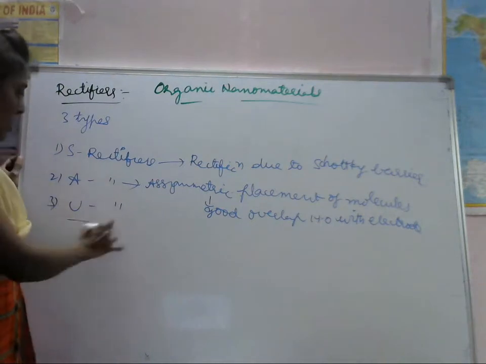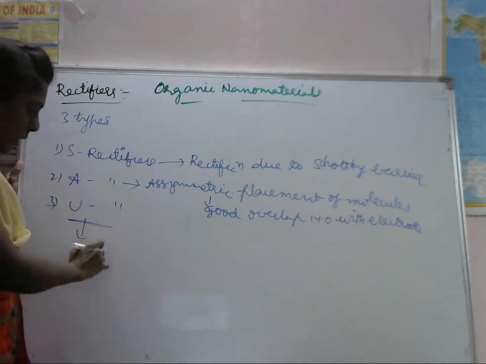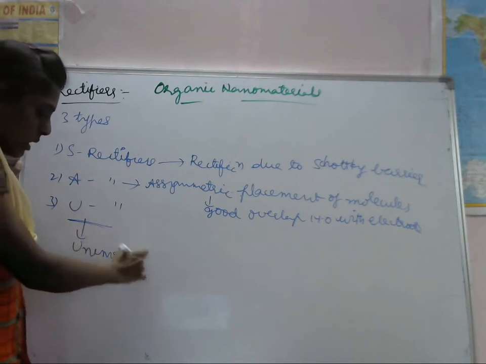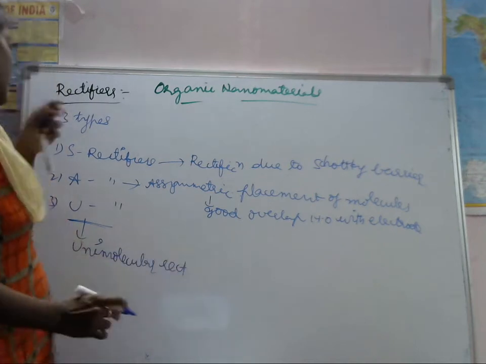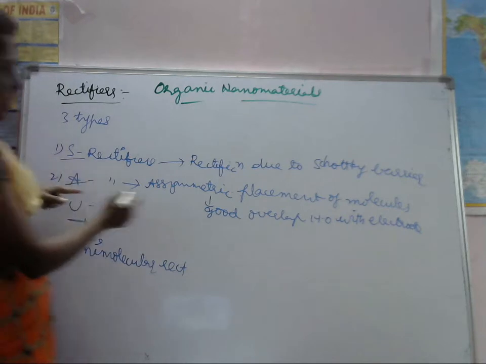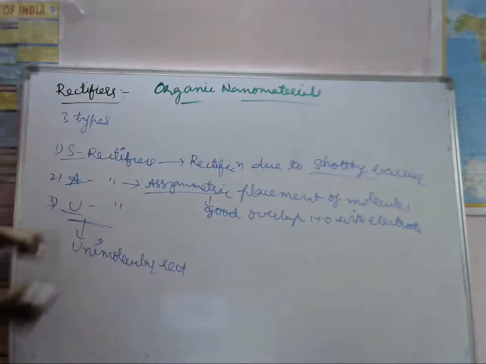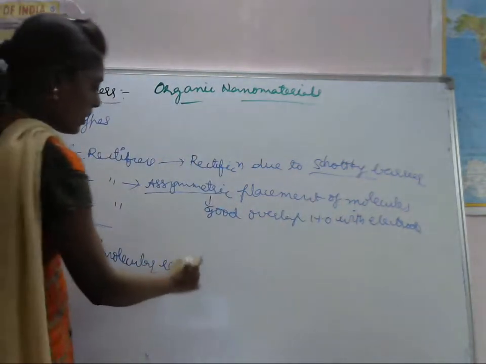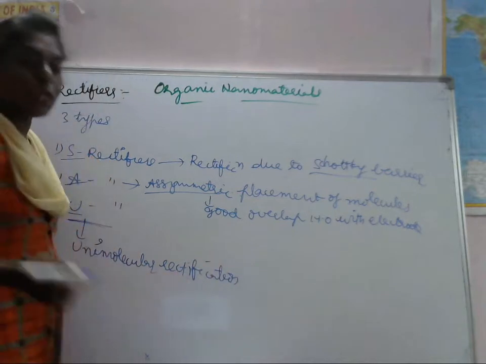Next, what are U rectifiers? These are called unimolecular rectification. S rectifier means Schottky, A means asymmetric, and U means unimolecular rectification, which is rectification due to asymmetric transport of electrons.